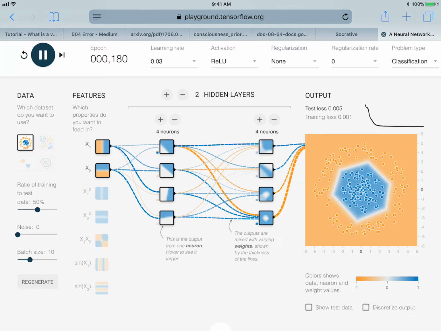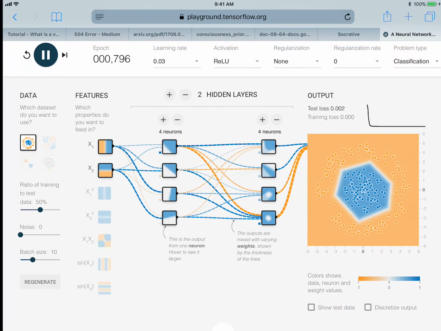Instead of a smooth decision boundary, it's a piecewise linear decision boundary. In the case of ReLU, just before applying the ReLU, we have a linear function. If we think of y equals ax plus b, that is simply a linear boundary.